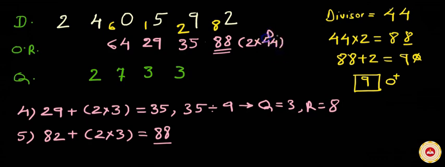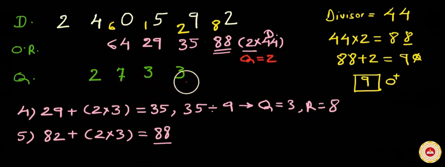See, this is the divisor 44. So 88, the last osculation result, is 2 multiple of the given divisor. Now 2 multiple of the given divisor means in this part we have quotient 2, and we will use this quotient 2 later while writing the final answer.